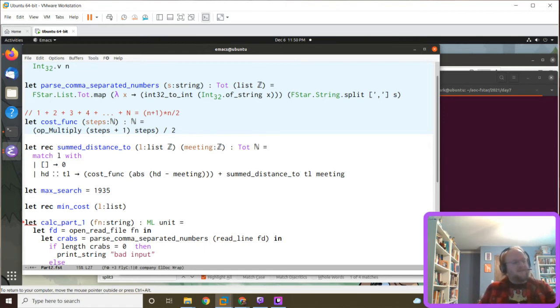This feels like we should be able to do something smarter. That as we move one space, the cost functions are related, but in a way we'd have to do some sort of algebra to figure out.